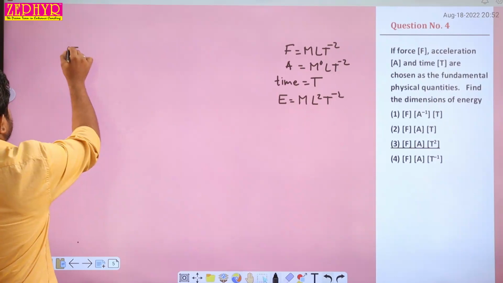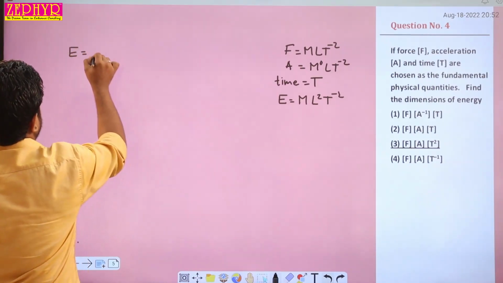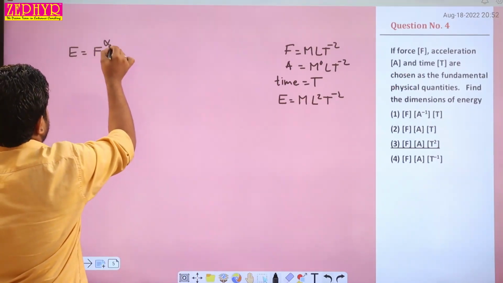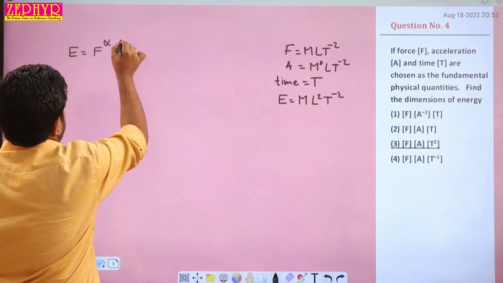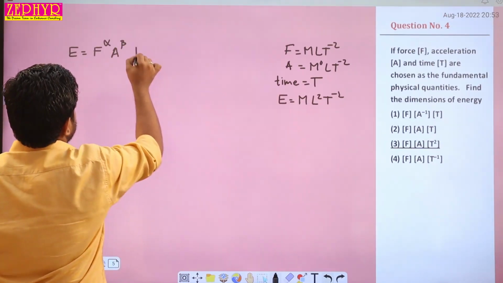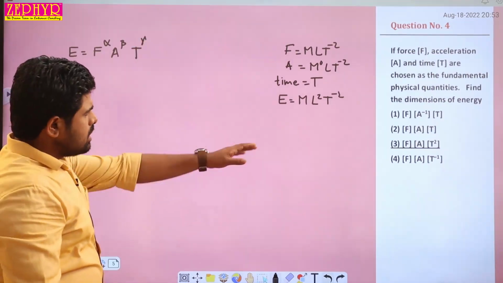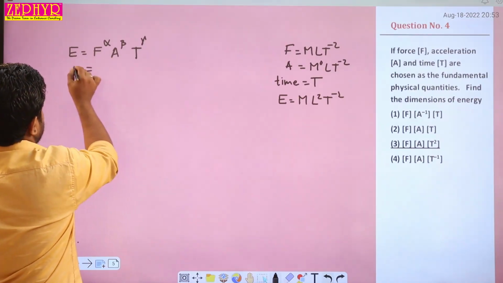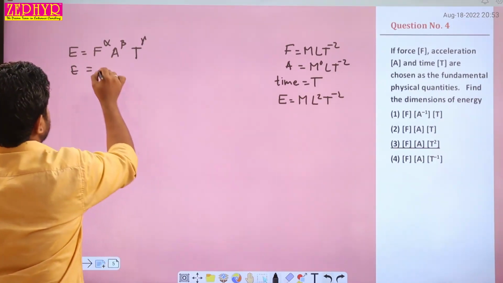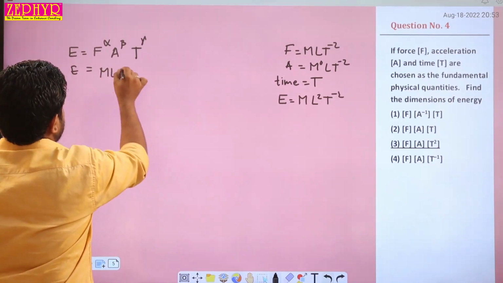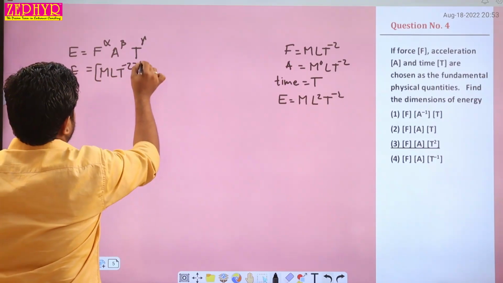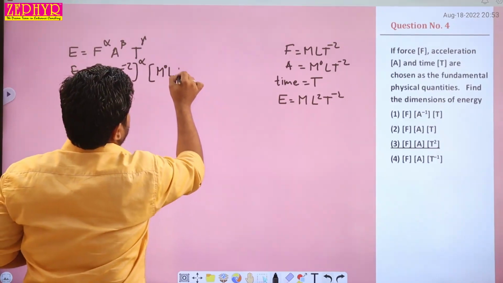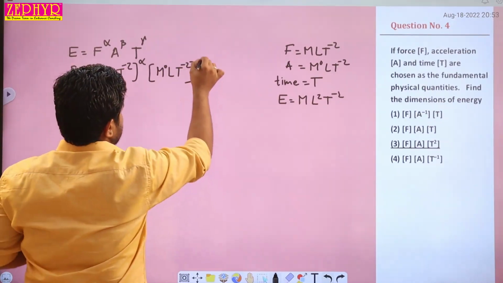See here, energy E is in the form of F, A, and T. So now it is equal to F alpha, A beta, then T gamma. Okay, so I substitute the values here. E is equal to F, which is m L t raised to minus 2, all raised to alpha, then the next one, m raised to 0, L t raised to minus 2, all raised to beta.